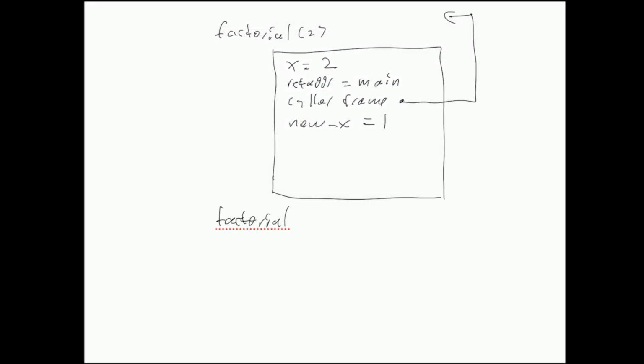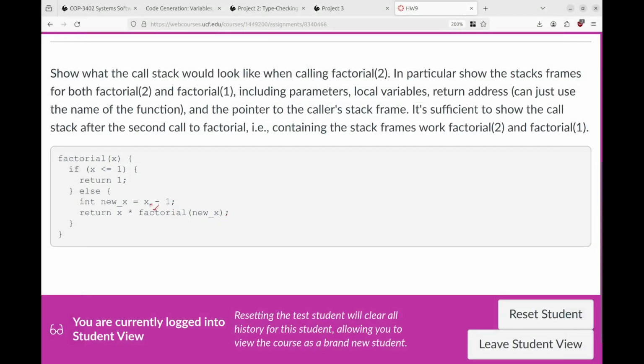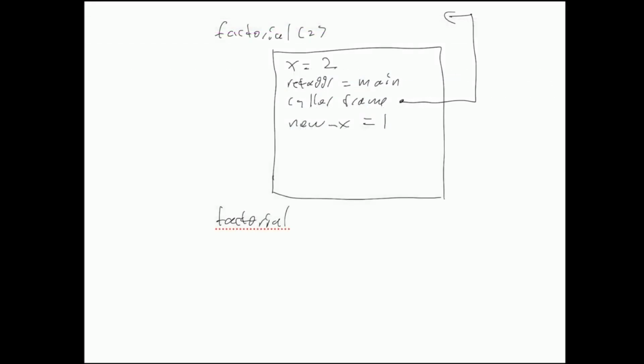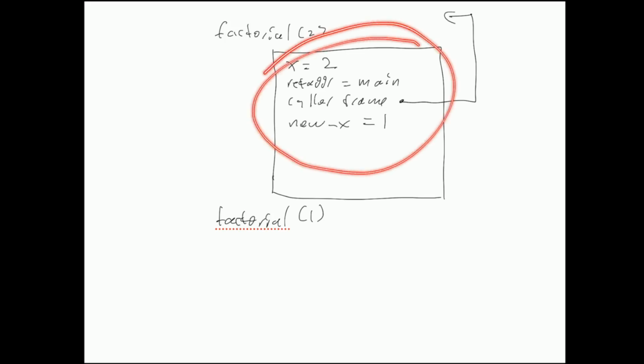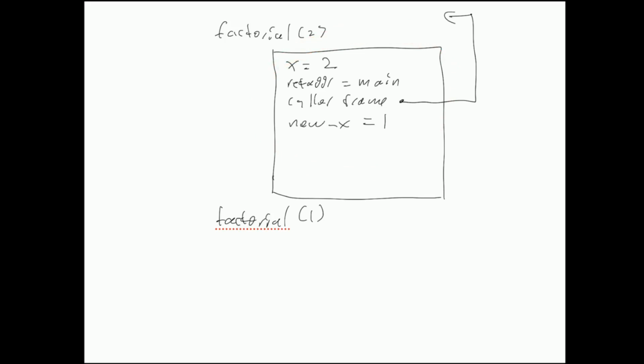We'll interrupt the execution of factorial of 2 in order to compute factorial of 1. And notice that all of the state that we need in order to finish computing factorial of 2 is still retained here in memory in the caller stack frame.